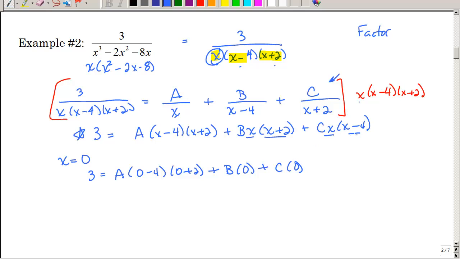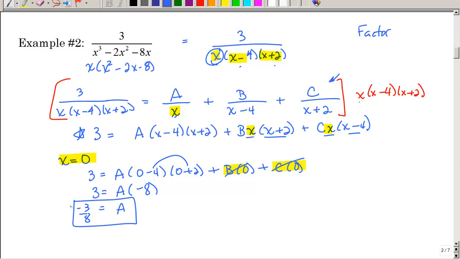Same thing here. Because everywhere there was an x, that is going to become 0 when I put in 0 here. So I have 3 equals a times negative 8 plus 0. So I have a equals negative 3/8. So that's one constant.